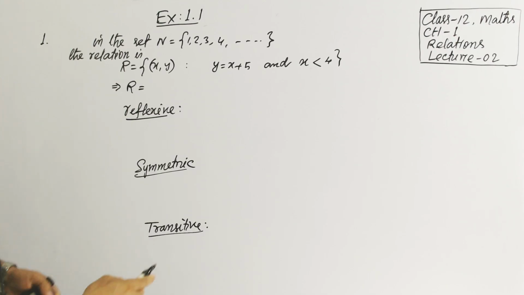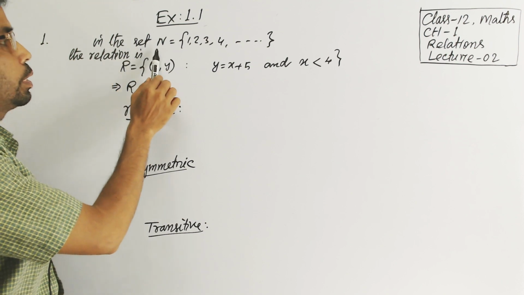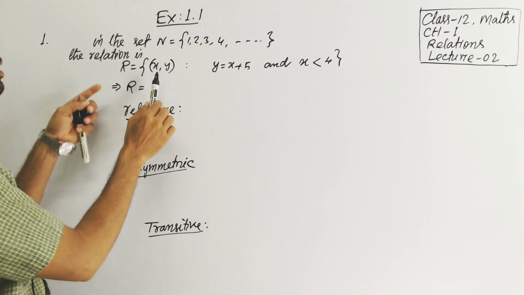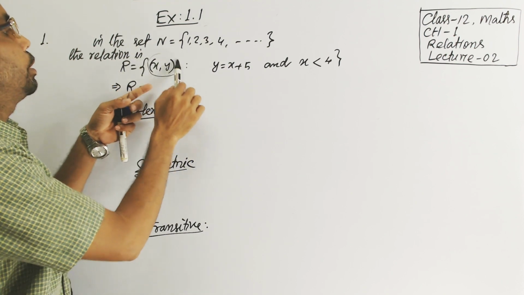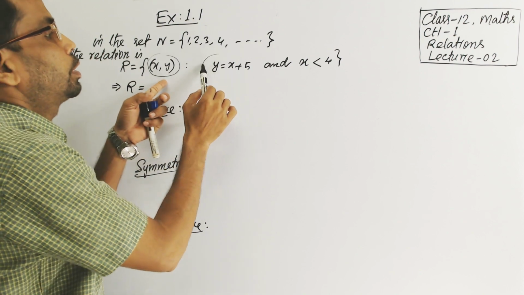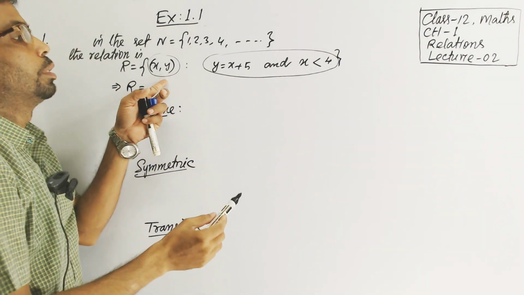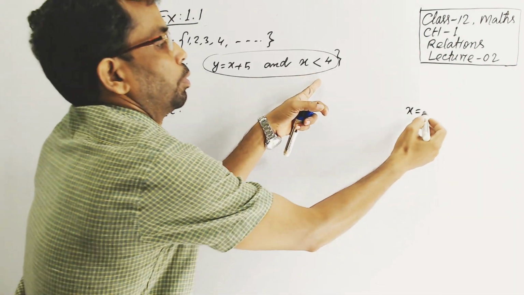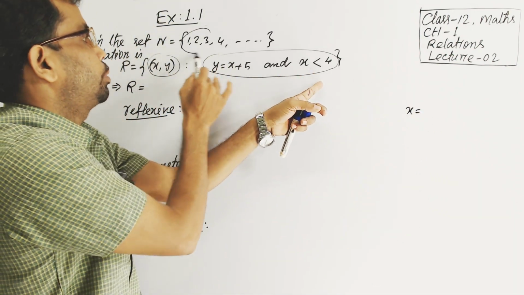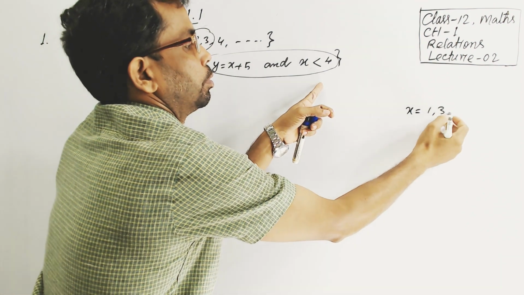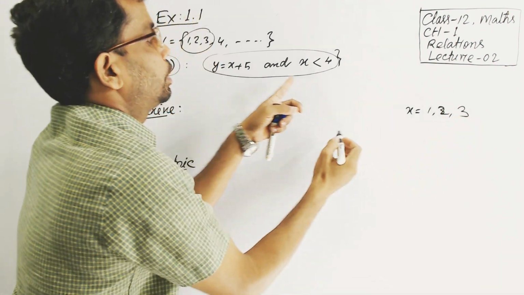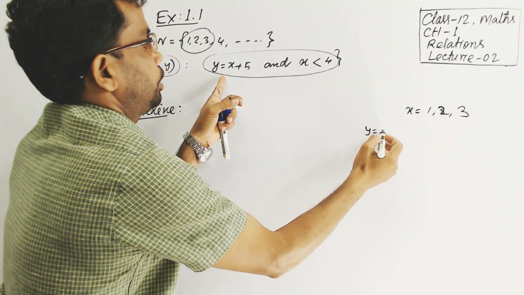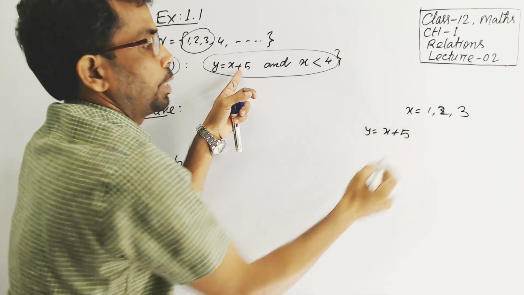The next question is: in the set N of natural numbers, the relation is made by the pairs (x, y) in which x and y satisfy these conditions. For x, first of all, x must be less than 4. Less than 4, natural numbers we can take only 1, 2 and 3. Then the corresponding y values are x plus 5.